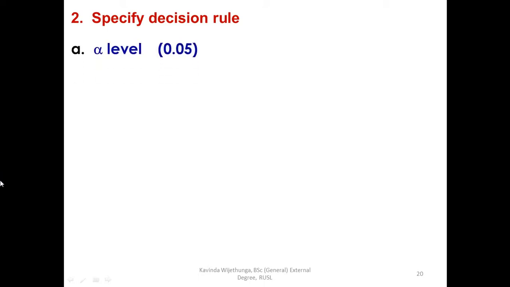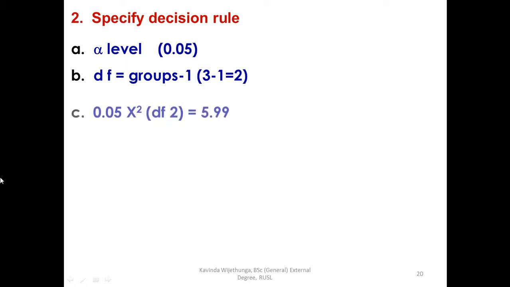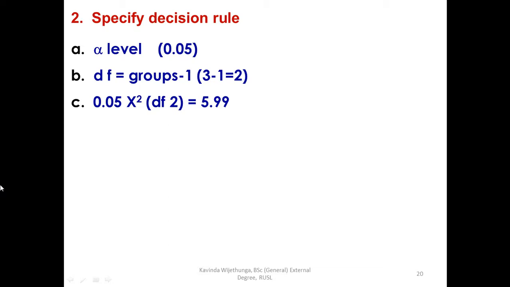Specify the decision rule, so alpha equals 0.05. Here we can also find the degrees of freedom. There are 3 observations, so degrees of freedom equals groups minus 1, that is 3 minus 1, which equals 2. Then you can find the chi-square value using the table.